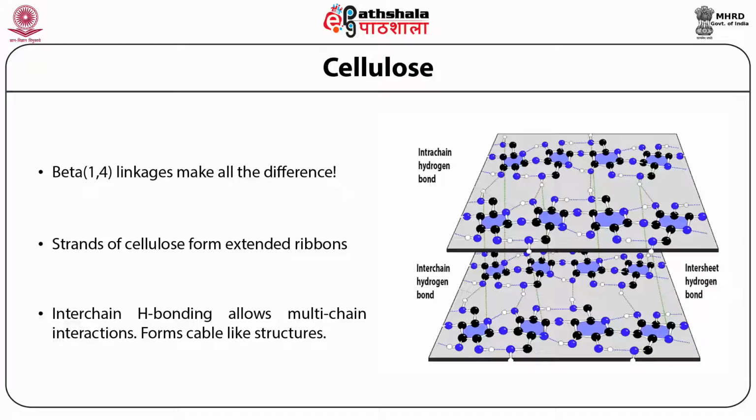Because of this complex nature, cellulose is more complex, and the beta linkage gives more strength to the cellulose. It's very difficult to hydrolyze by both enzymatic as well as non-enzymatic methods. That's why fibers or plant material made up of cellulose have relatively higher strength than those with the alpha linkage.